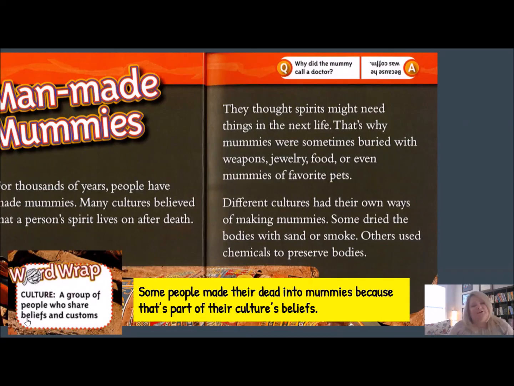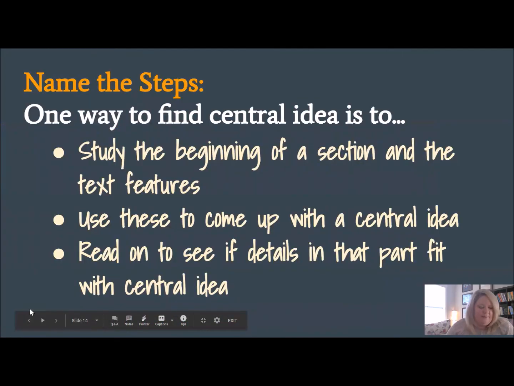All right, so readers, to review, one way to find a central idea is to study the beginning of a section and the text features. Then we're going to use those to come up with our central idea. And then as we continue to read on, we're going to see if the details in that part fit with our central idea.